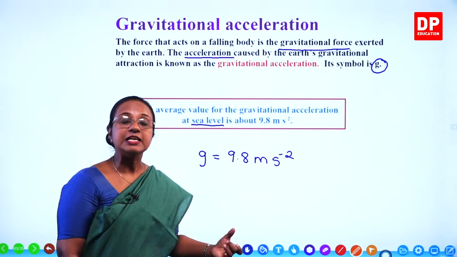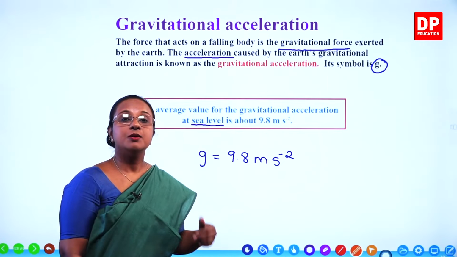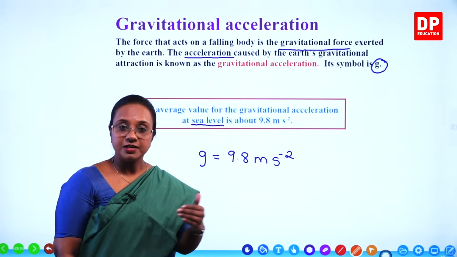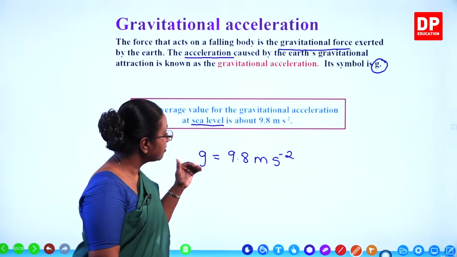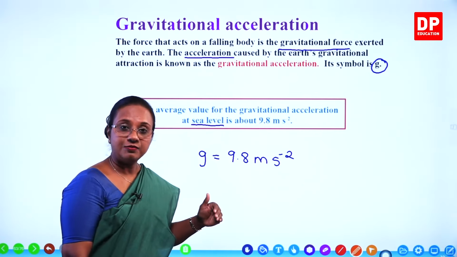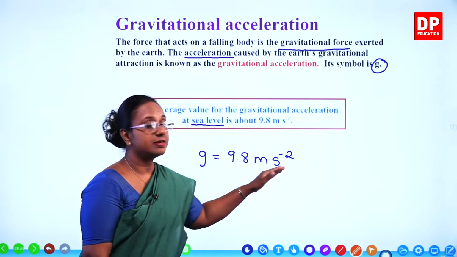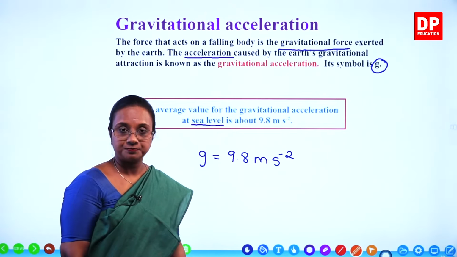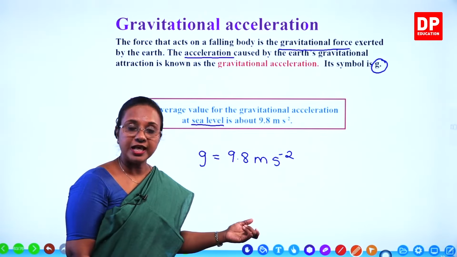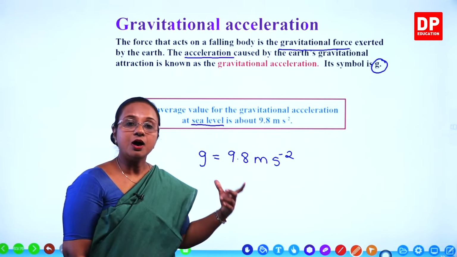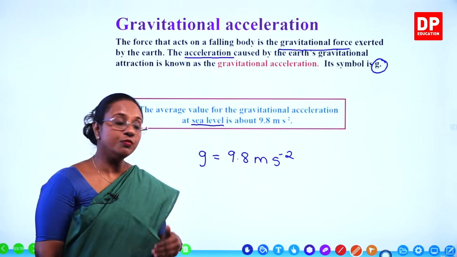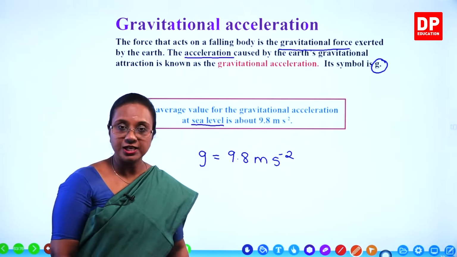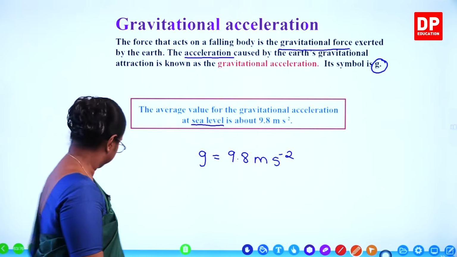But for convenience of calculation, we can take the rounded value that will be 10 meters per second squared. Before we go to that, we will see how an object moves with gravitational acceleration.